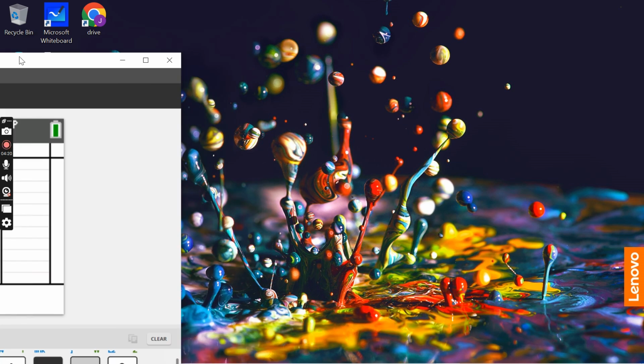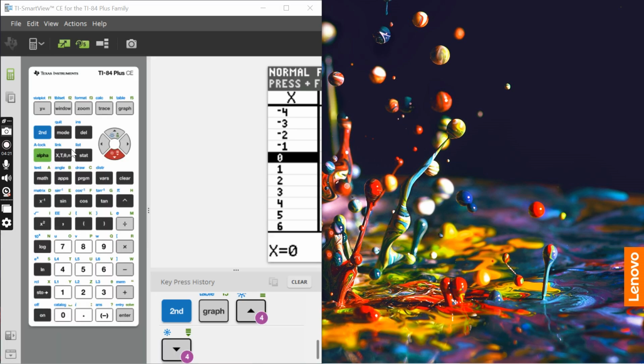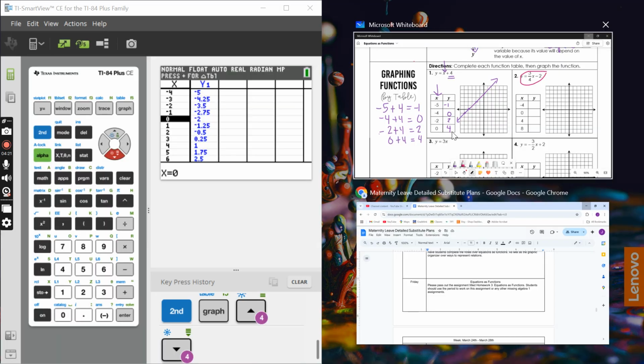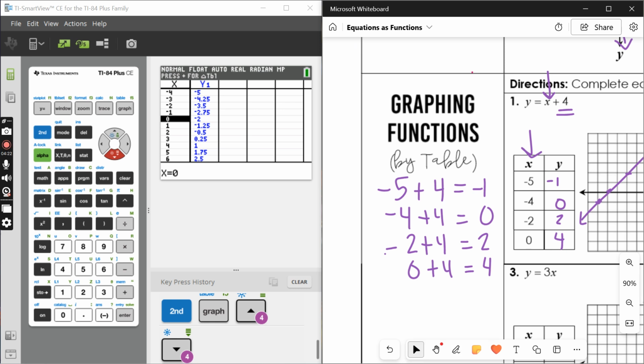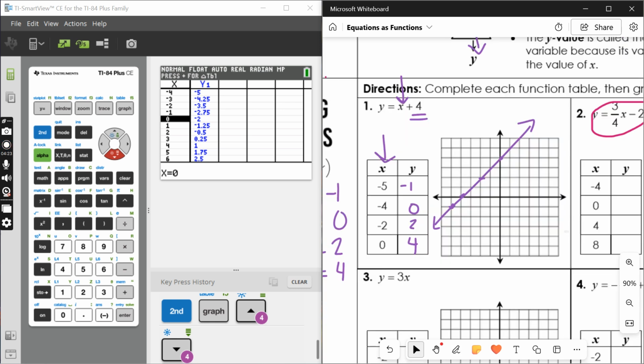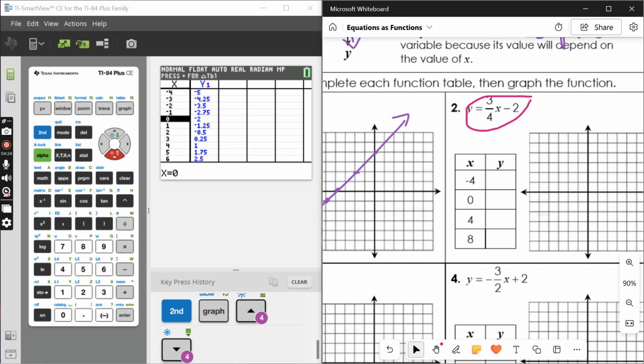So if I'm looking at this, it says negative 4, negative 5. So I can put a negative 5 here.